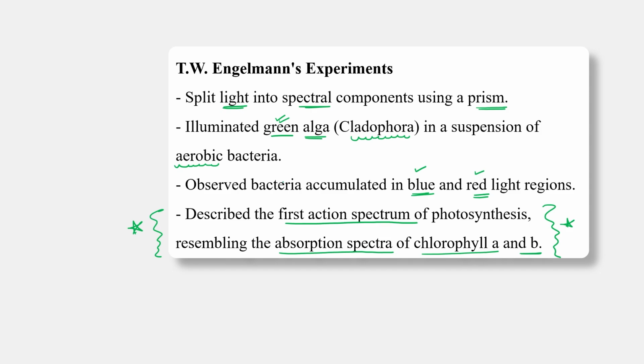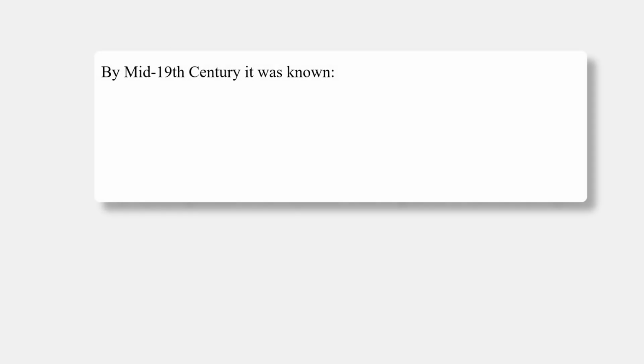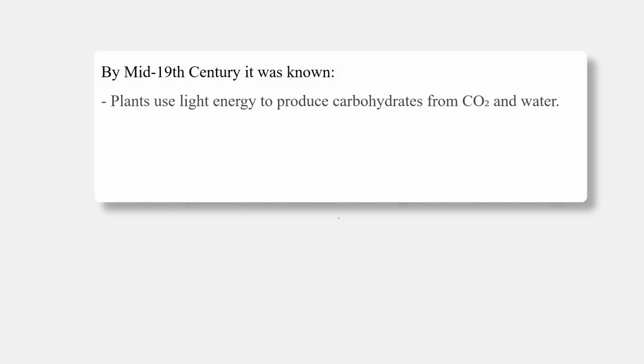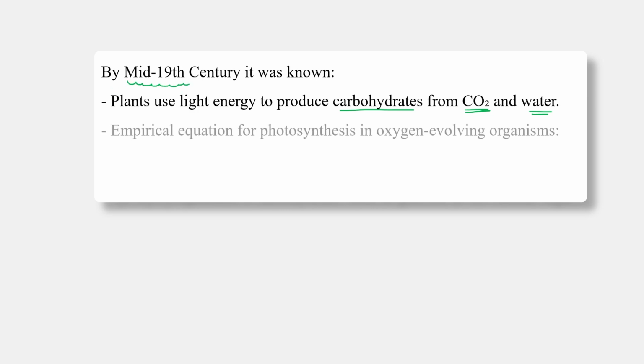So he described the first action spectra of photosynthesis. Clear? Now, by the mid 19th century, it was known that plants use light energy to produce carbohydrate from carbon dioxide and water.